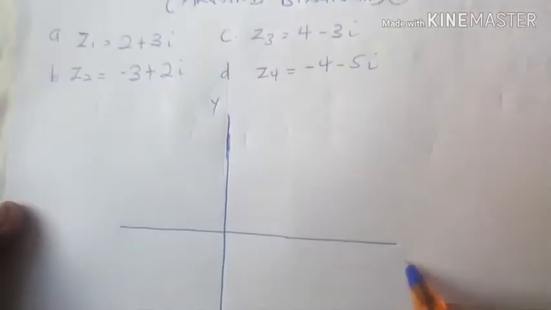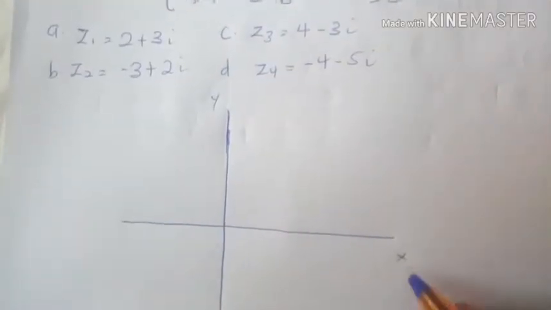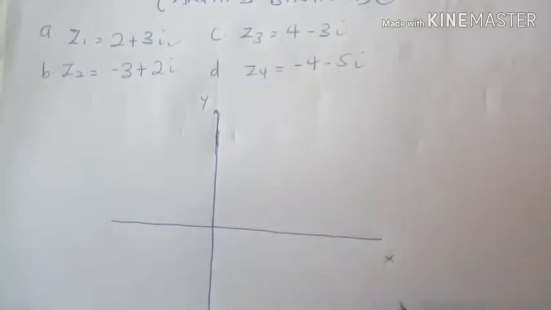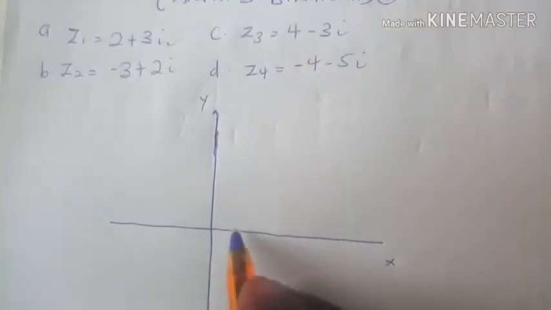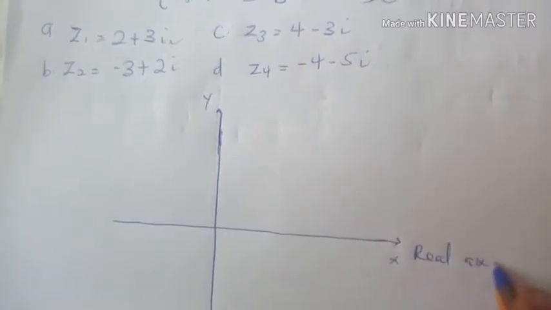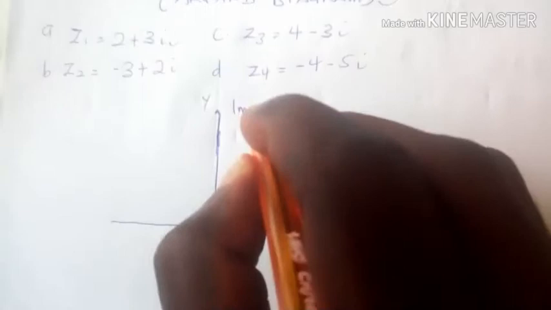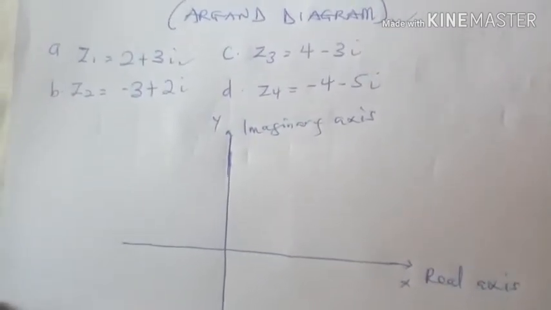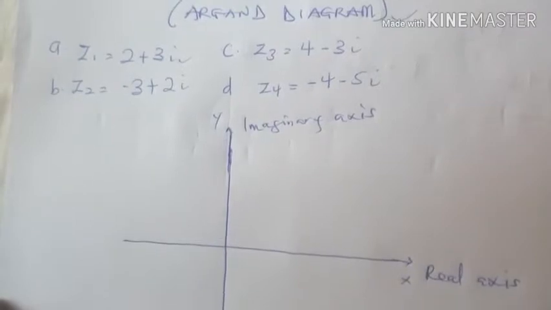The x here becomes the real part, which represents the real part of the complex number, and the y becomes the imaginary part. So this axis is called the real axis, and this becomes the imaginary axis. As simple as that.